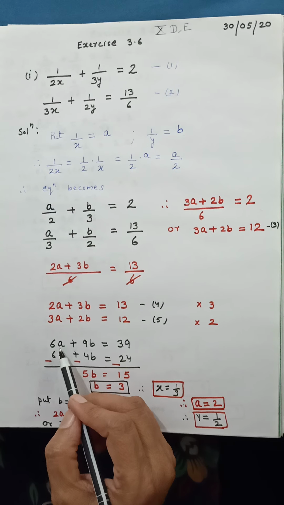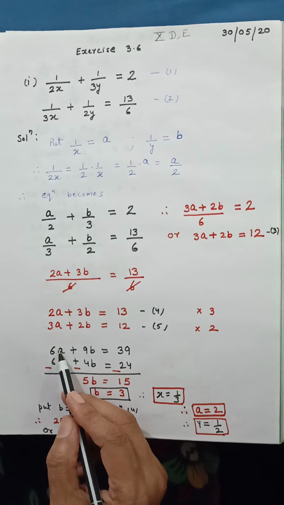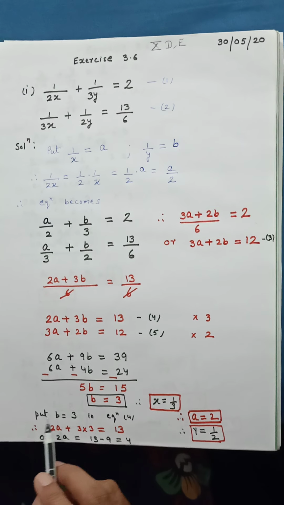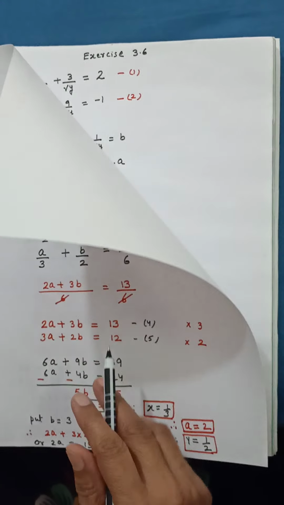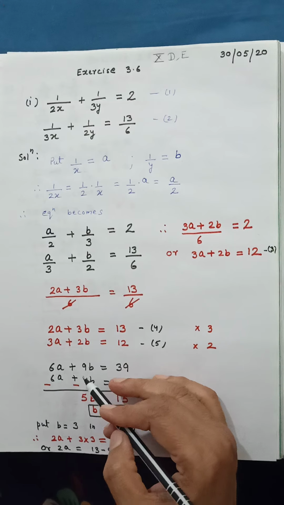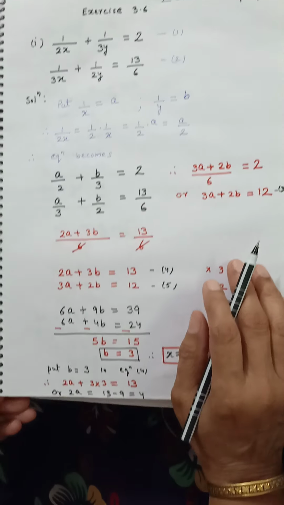Now here plus 6a, here also plus 6a. If I add, the equation becomes 12a plus 13b. Your aim is to eliminate one variable, and on adding, the variable will not be eliminated. So let us subtract it.